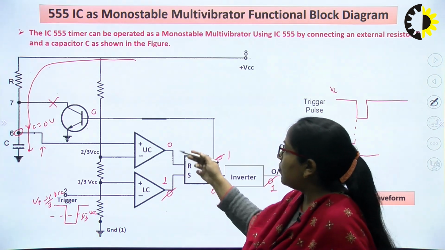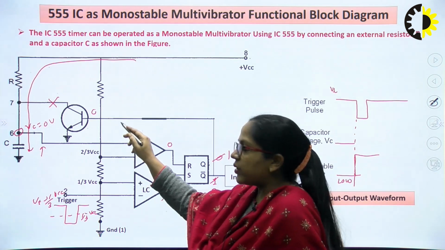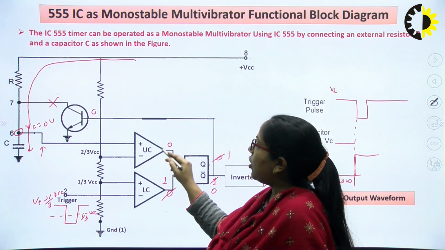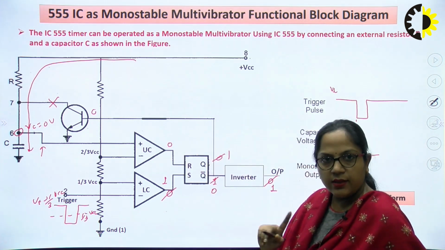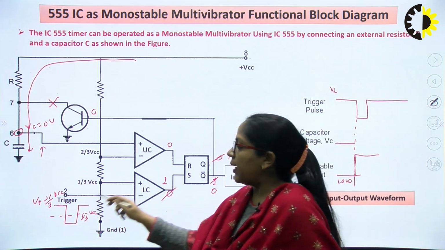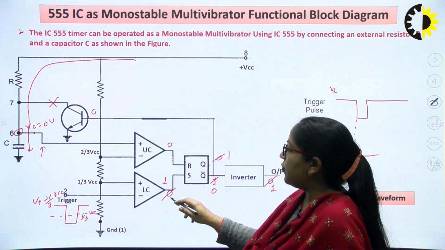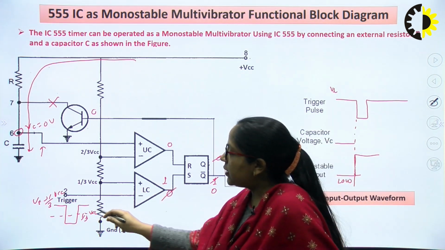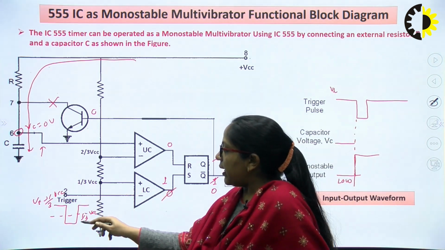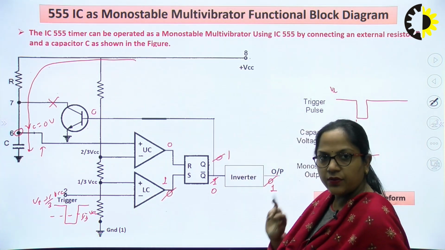Meanwhile, let us observe the output of the upper and lower comparators. The capacitor is charging towards 2/3 of VCC, but it is still lesser than 2/3 of VCC. So the output of the upper comparator will remain at logic 0. Below, at the lower comparator, the moment I applied the trigger pulse, the output of the lower comparator changed from 0 to 1. The duration of this triggering pulse was very short. So the moment I applied it, it changed the output of the lower comparator and the state of the flip-flop.